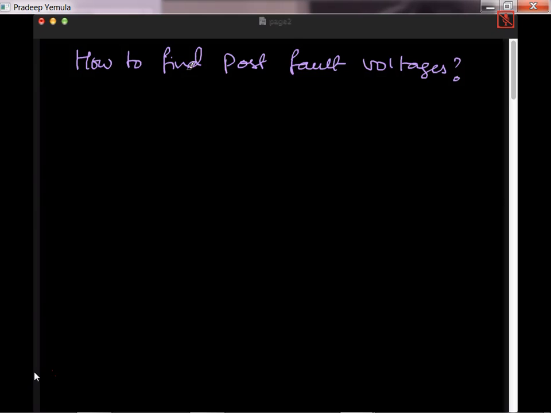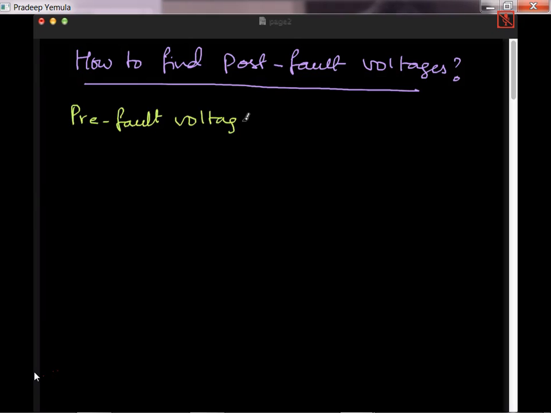Just a little bit of formula. Okay, so how to find post fault voltages? So this is the question. What is the post fault voltage? Post fault means after the fault. Before the fault, the pre-fault voltages, when the system is normal, are obtained by load flow analysis.